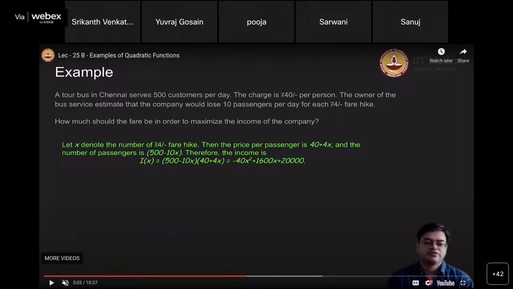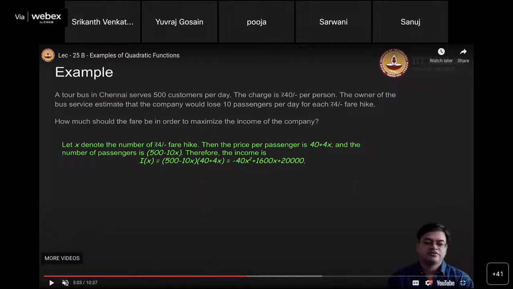Okay. So the fare per passenger is 40 plus 4x. In this equation, they are not asking for the x coordinate of the vertex point, nor the y coordinate. They are asking for the value of x for which the income is maximum, and then we have to find the value of 40 plus 4x, the final fare.